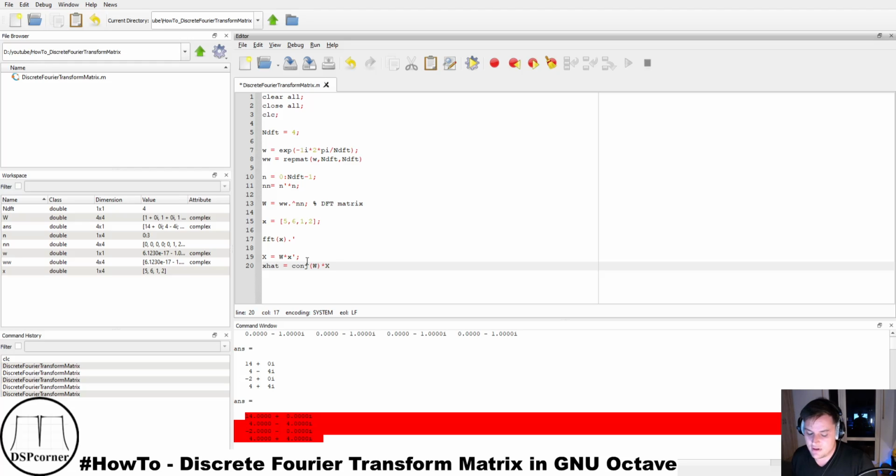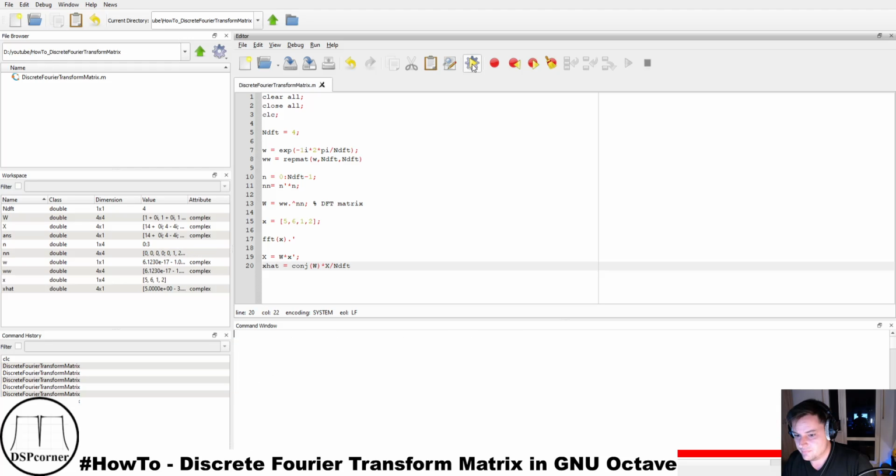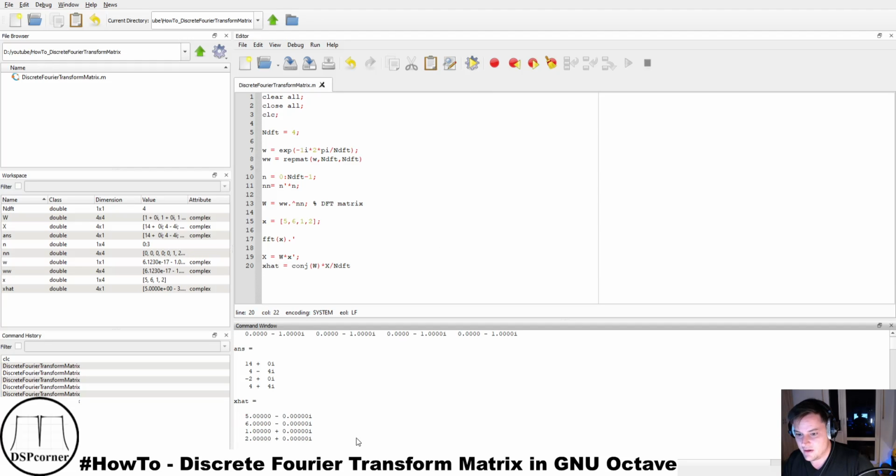This is because Octave and MATLAB have some special normalization factors in the FFTs, which is in this case the length of the FFT. So let's fire it up. And here it is. We have our original signal back again, 5, 6, 1, 2, which was our original signal.